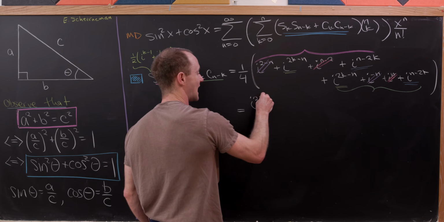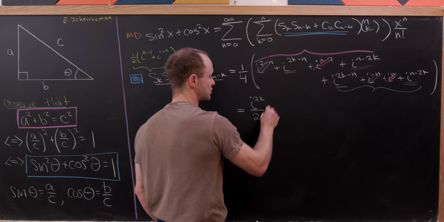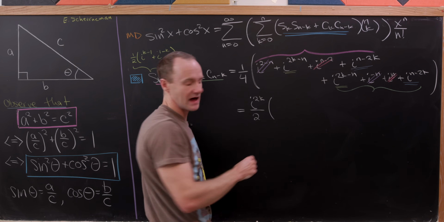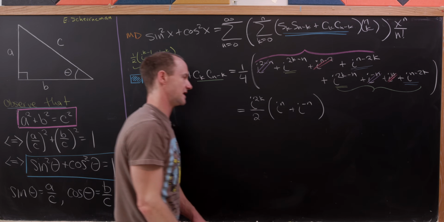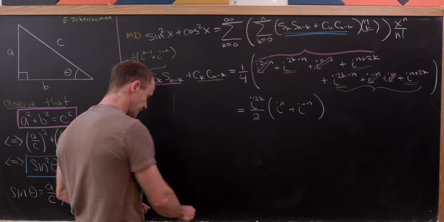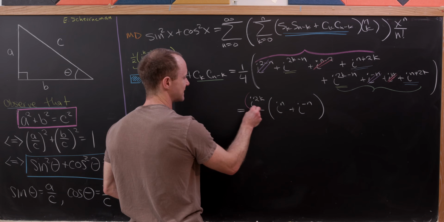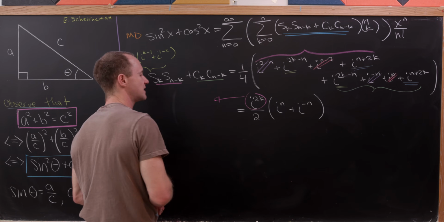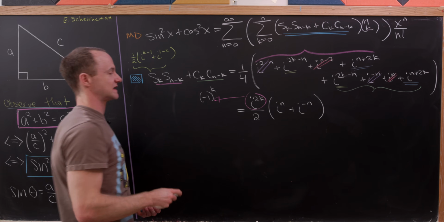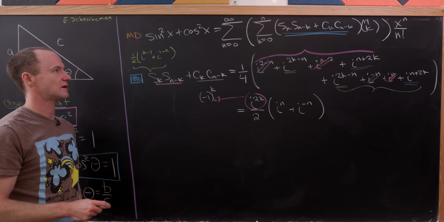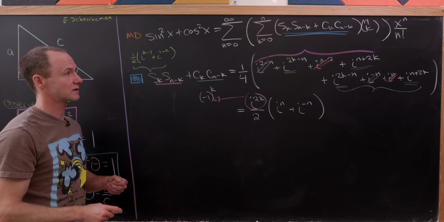That's going to give us an i to the 2k over 2, and then we'll have i to the n plus i to the minus n. Now what I'd like to observe, and this is fairly obvious, is that this i to the 2k is really i squared to the k, or minus 1 to the k. So that gives us something like that. That's quite a bit simpler.